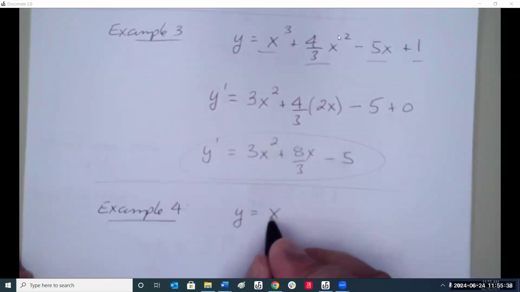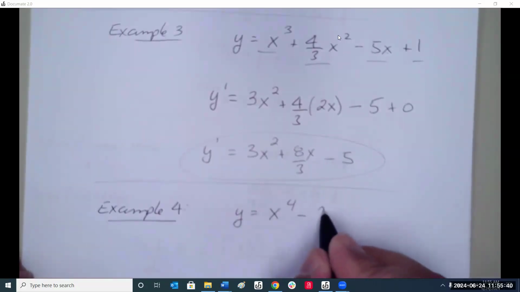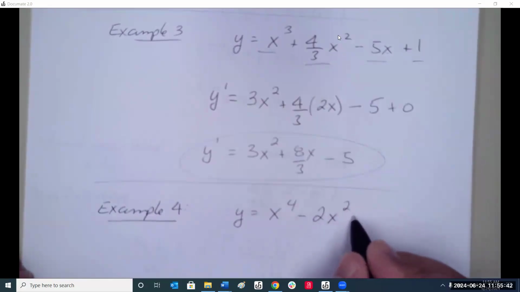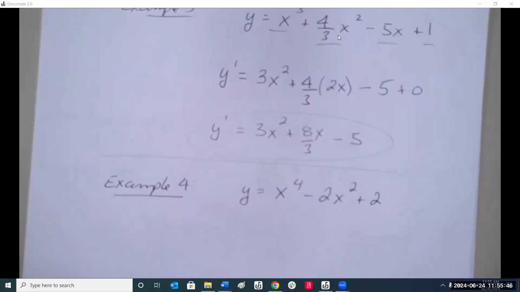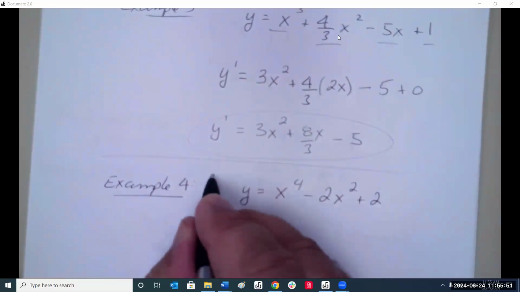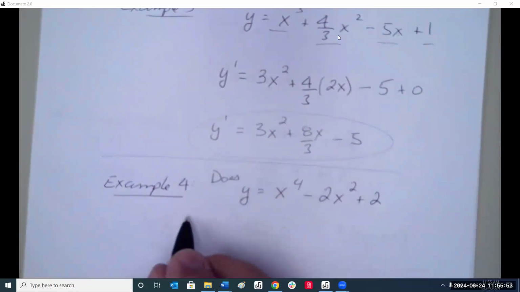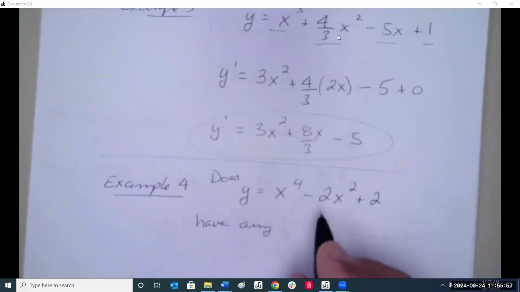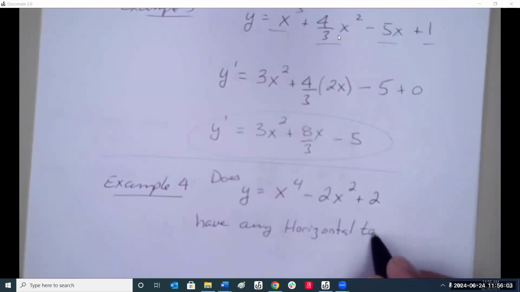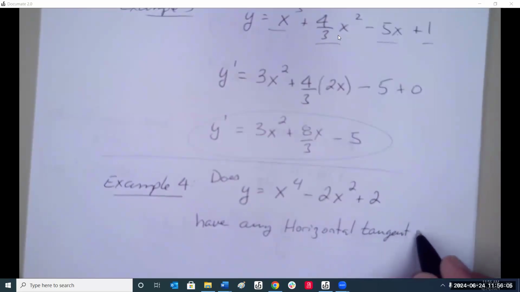Example 4. x to the 4th minus 2x squared plus 2. It says, does the curve have any horizontal tangent lines?